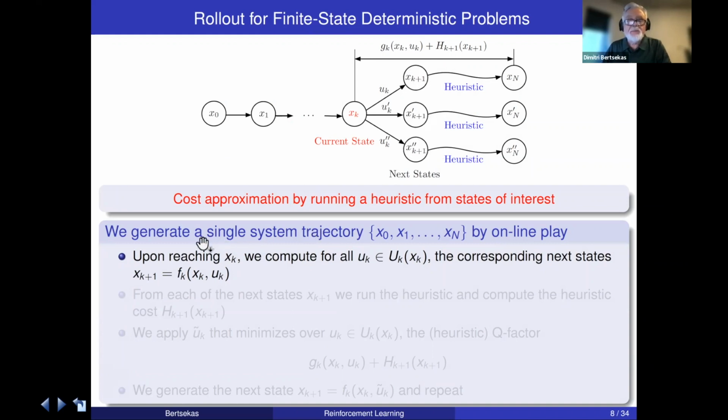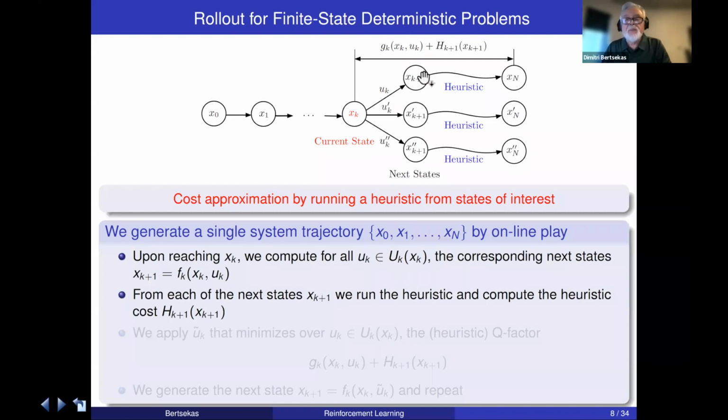In particular, we generate a single system trajectory, one state at a time, and at the typical state, upon reaching this state xk, we consider all possible controls, we compute the corresponding next states, and from each one of these next states, we run the heuristic, some heuristic algorithm, which is unspecified at the moment.